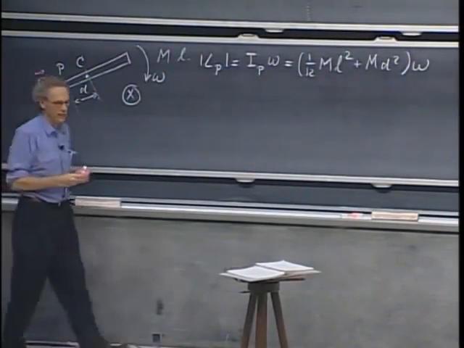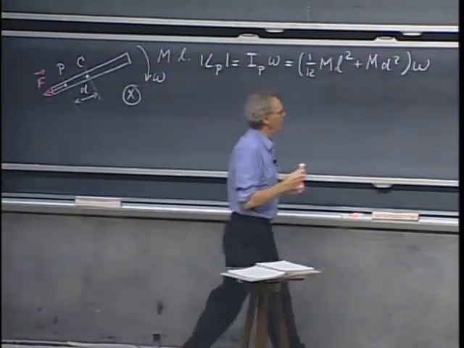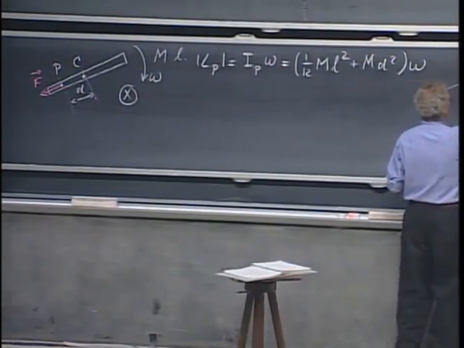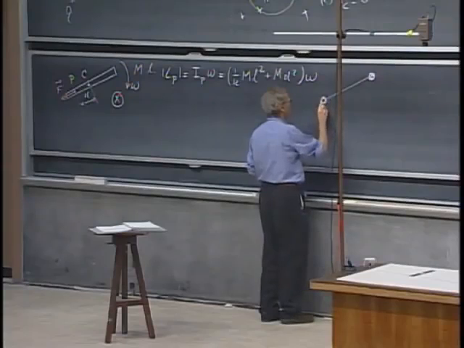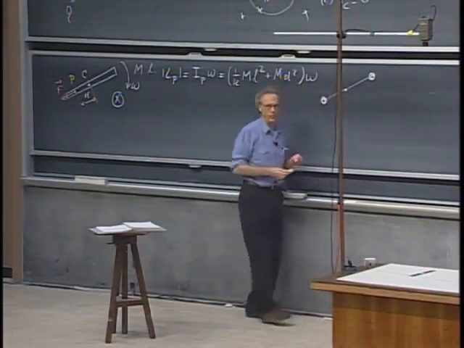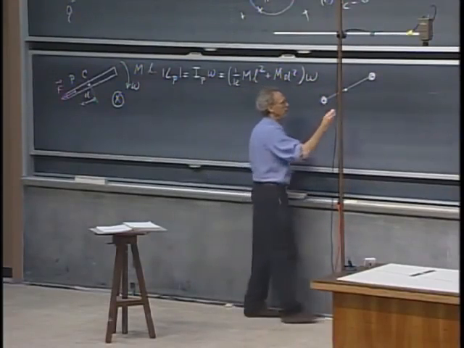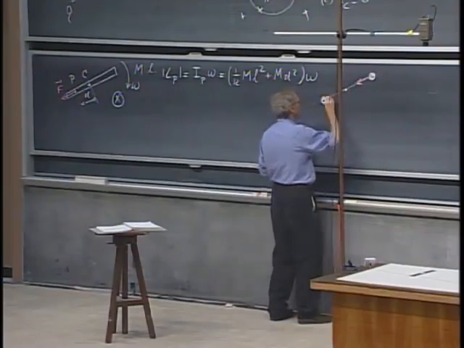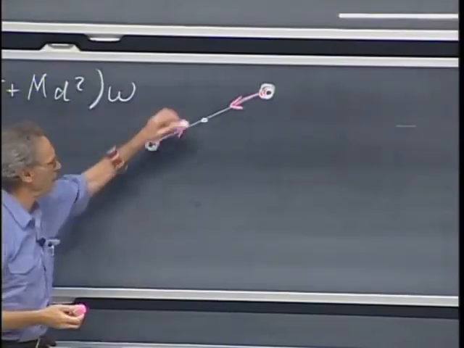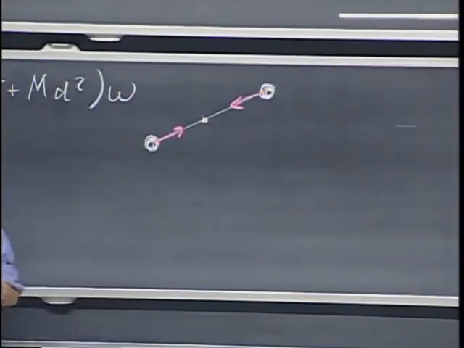And I can make you see that the best way by first showing you a case of a massless rod with two equal masses at both ends. And I rotate about this axis perpendicular to the blackboard. There is going to be a centripetal force here and a centripetal force here, and the two are equal. They cancel each other out, so there will be no force on that pivot point about which the two rotate.